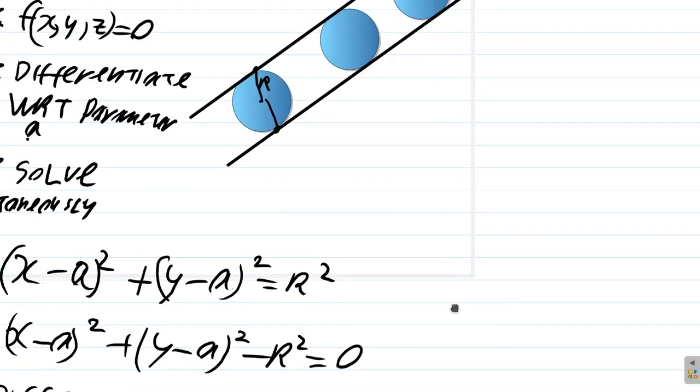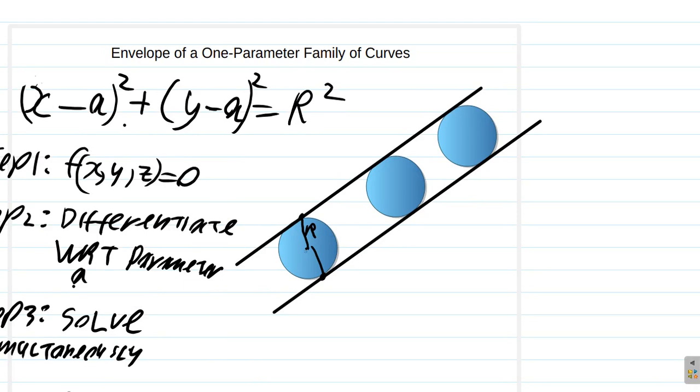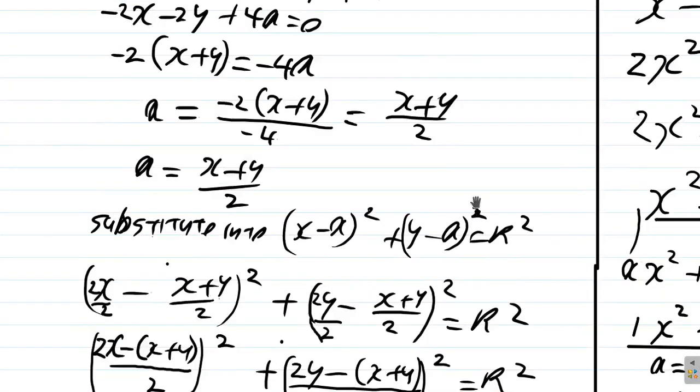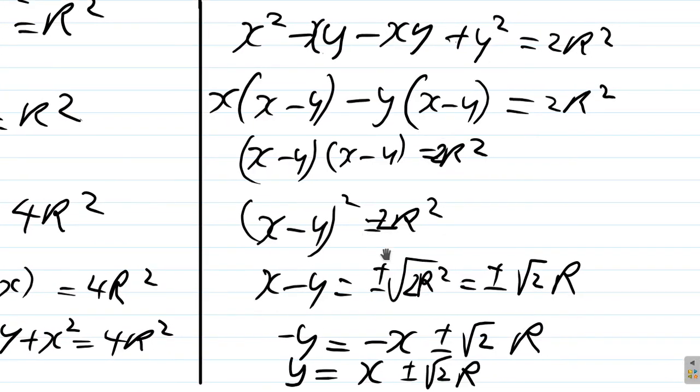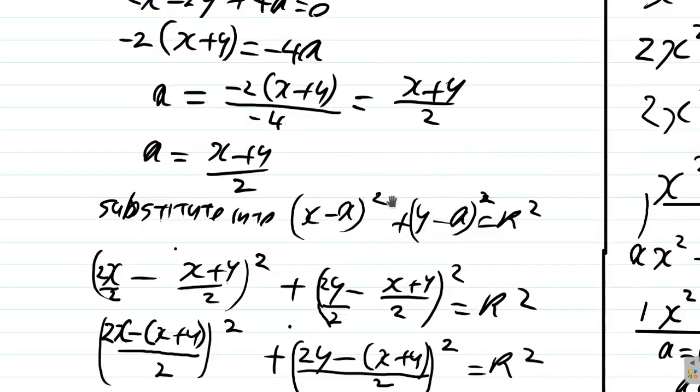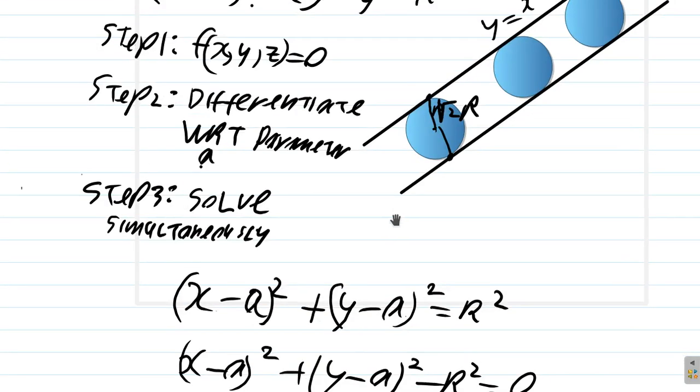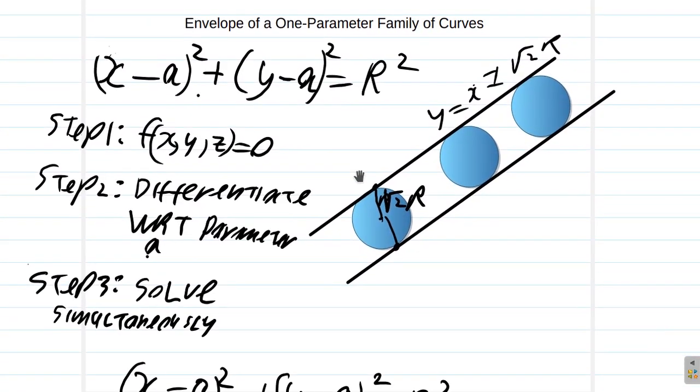It wouldn't be just r, it would be square root of 2 times r. So the square root of 2r is what we have here. So y is equal to x plus or minus square root of 2r in that case. Alright, so that's what we have there. I'm going to do a quick revision of this in the next video.